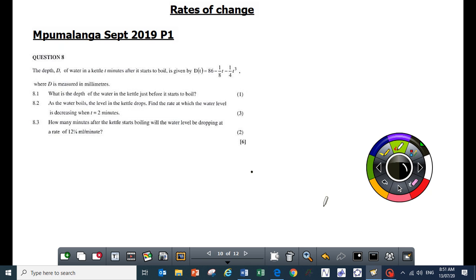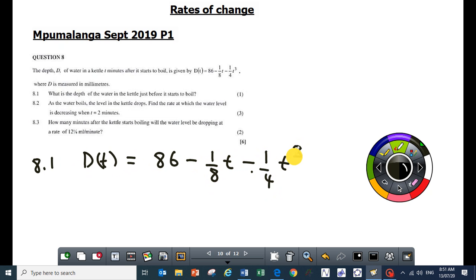Okay? So we need to know the depth at t equal to what? 0. At t equal to 0. So 8.1, you have D(t) equal to 86 minus 1/8 t minus a quarter t cubed.